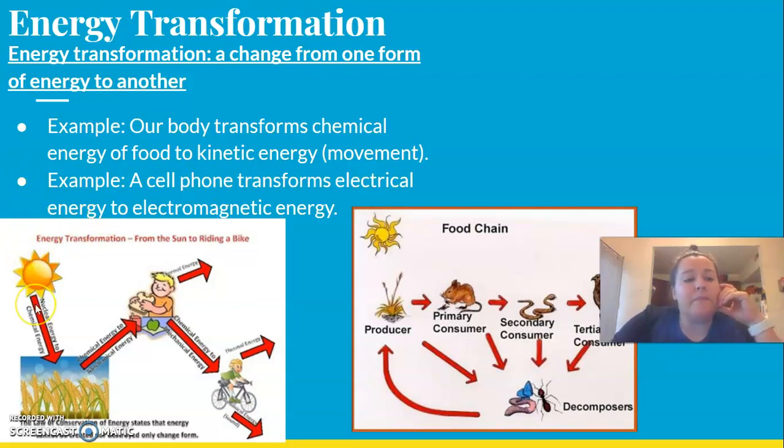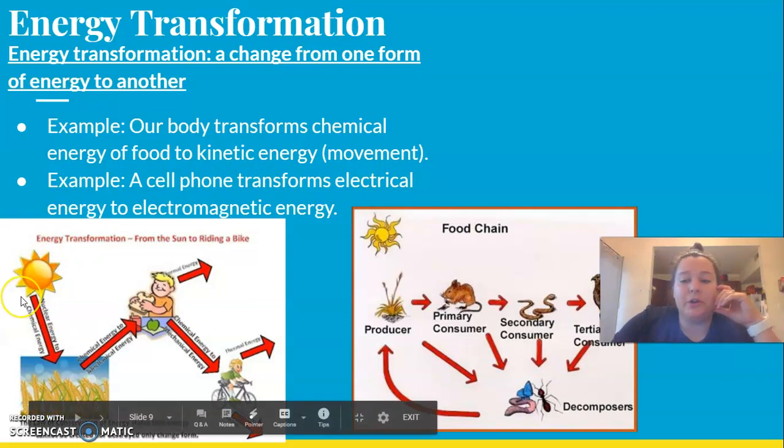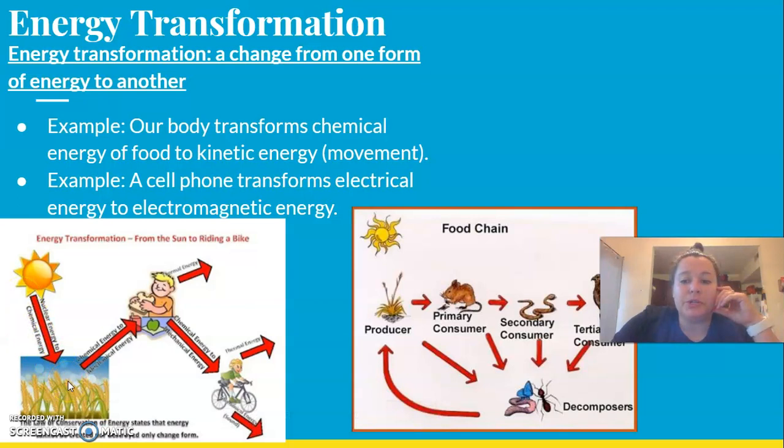And if you think back to elementary school, you may have learned about the food chain. So I wanted you to get an idea, knowing this about energy now, that it just transfers. All energy we know comes from the sun. That's taken in by the producers, which are at the bottom of our food chain.